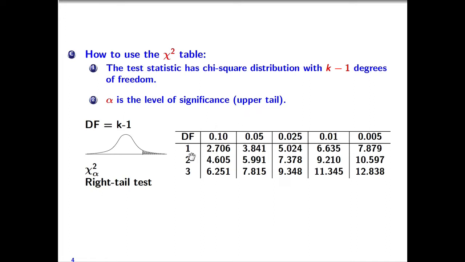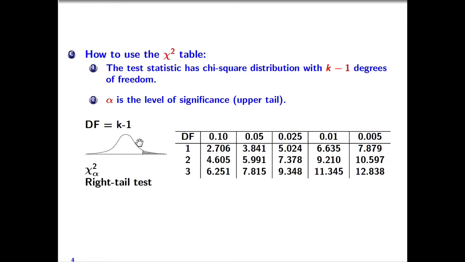And here is the chi-square table with alpha levels of significance of 0.10, 0.05, 0.025, 0.01, and 0.005.